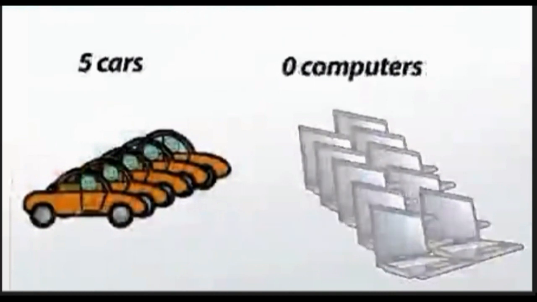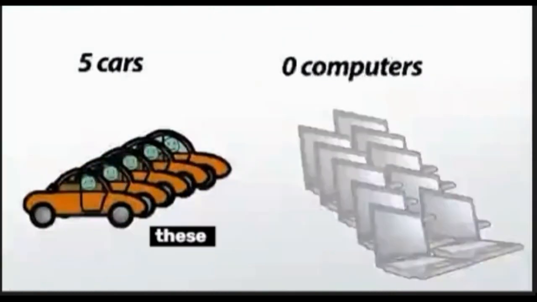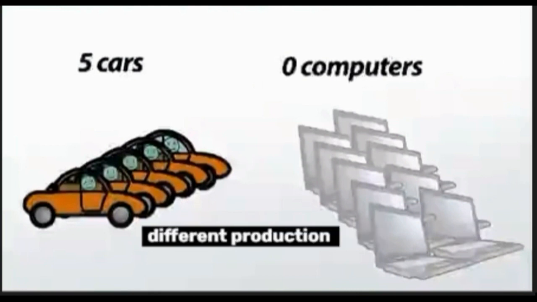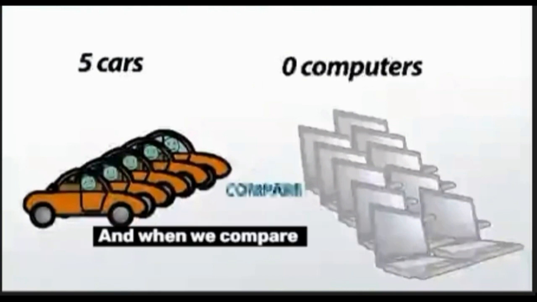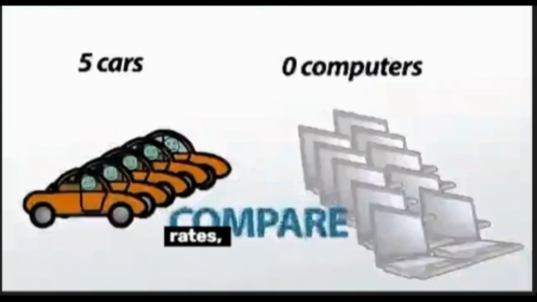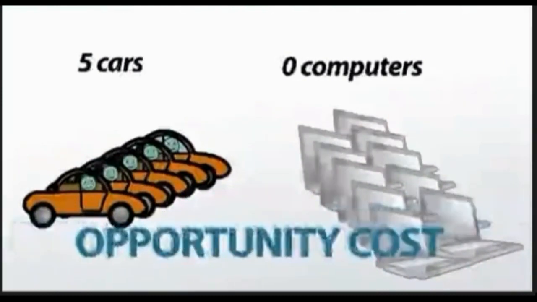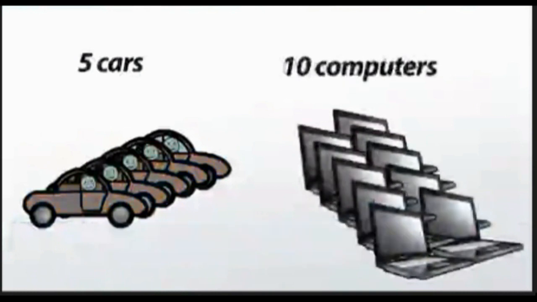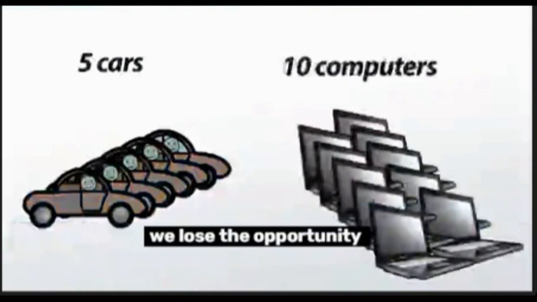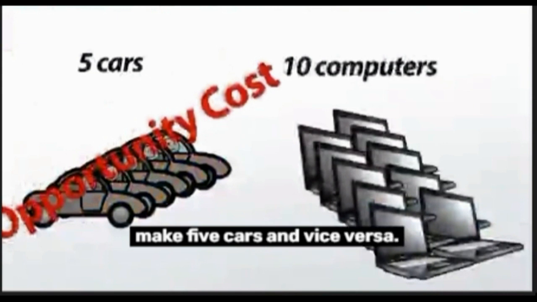Why are these two numbers different? Because in this example, these two activities have different production rates. And when we compare the production rates, we can speak in terms of opportunity cost, like this. If we make 10 computers, we lose the opportunity to make 5 cars, and vice versa.